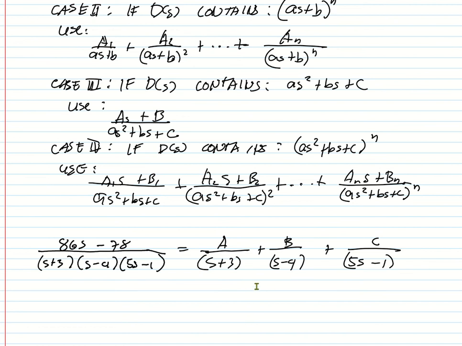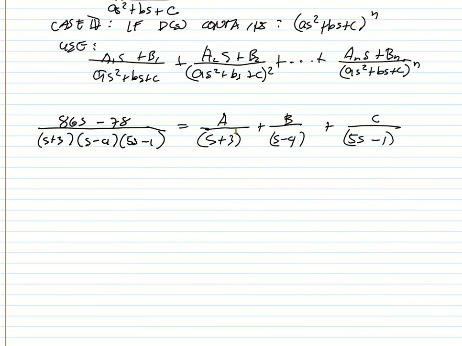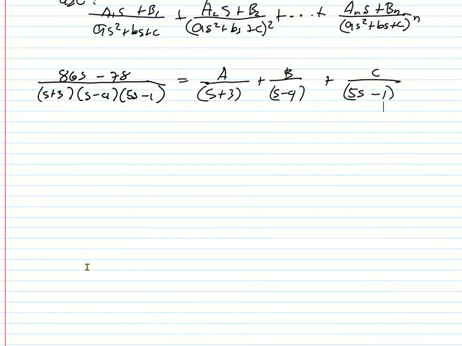Now, what we need to do next is to determine a, b, and c. So how do we determine a, b, and c? There are two ways of doing that. The first one is by substituting values for s, and the second one is by equating the coefficients of the function or the equations. In this case, we can use substitution for the values of s.